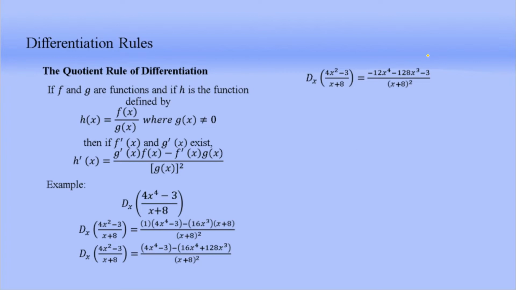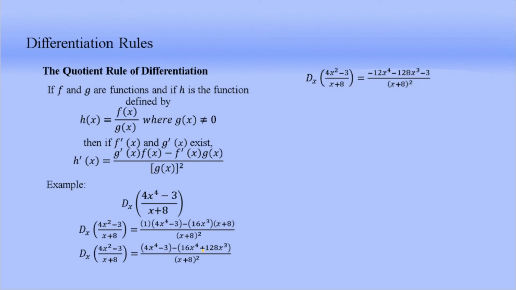The next is we are going to combine the like terms. So we have 4x raised to the fourth power minus 16x raised to the fourth power. So that's going to be negative 12x raised to the fourth power. And remain negative 128x cubed.